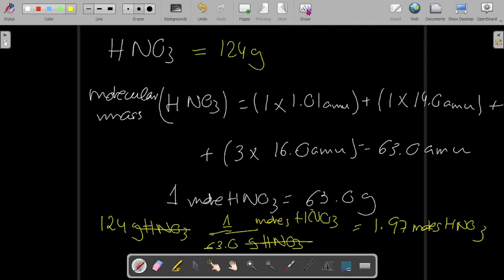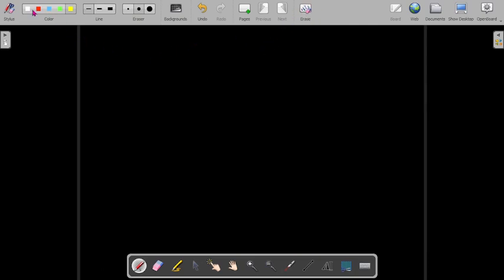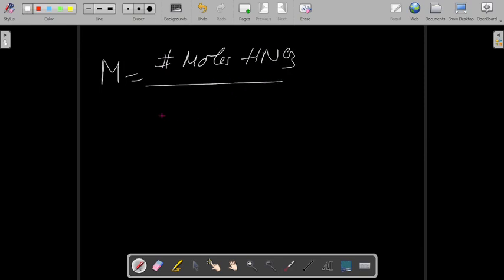Now we have everything, so we can calculate molarity. Number of moles of that nitric acid, we just found it. We also found the number of liters for the solution. So put those numbers that you just calculated in the equation.